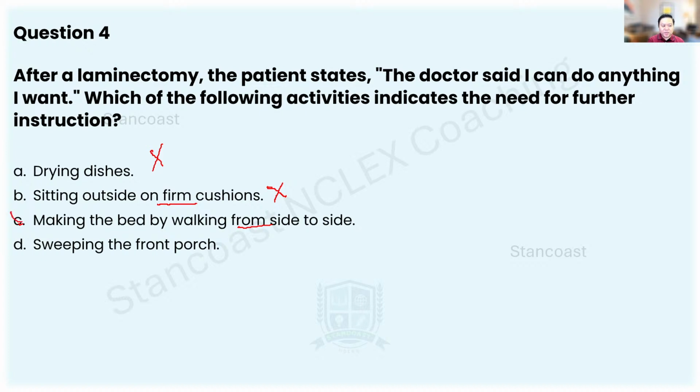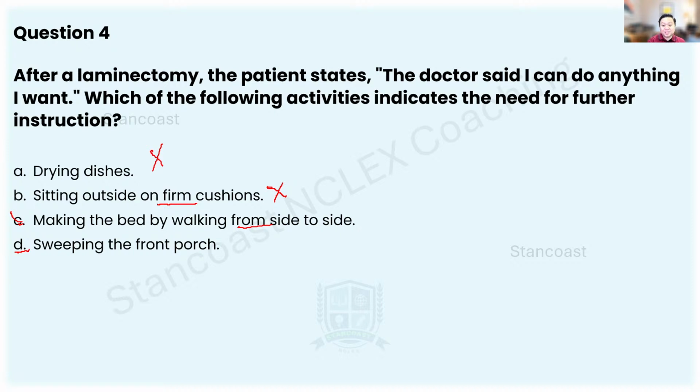So we are now going to have letter D, which is sweeping the front porch. What is involved in sweeping? When you are allowing the patient to do the sweeping, it can involve twisting motions, which is supposed to be avoided, right? After they have the laminectomy, they should not be bending. They should not be twisting as well, in order to prevent undue stress on the surgical site.